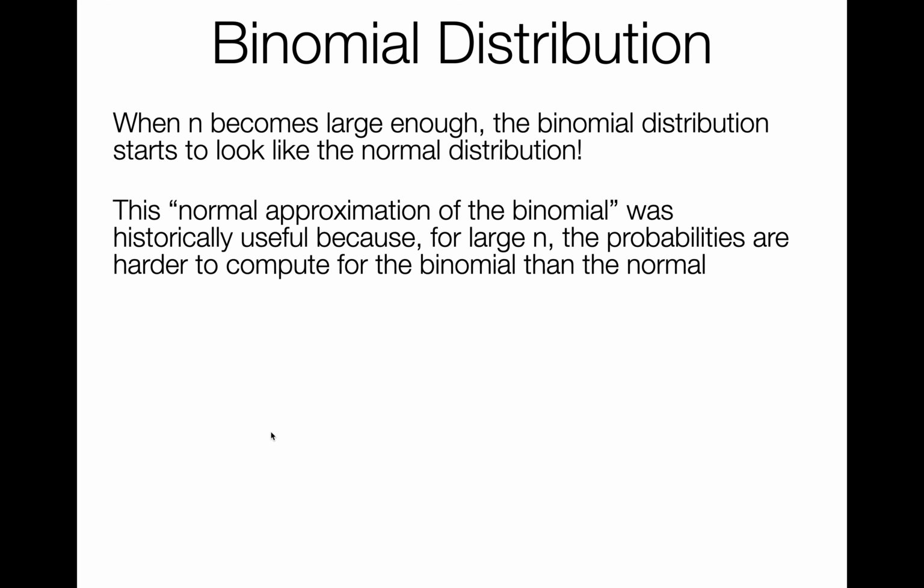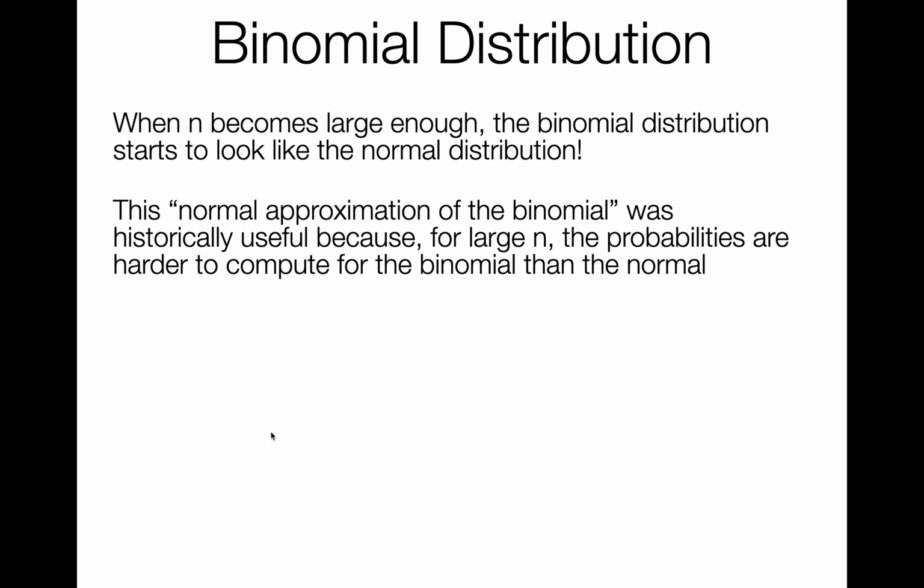Okay? And it was historically useful because for large n, the formula for calculating the binomial probabilities became really tedious and hard to compute. But they had the normal table, they had normal calculations already.